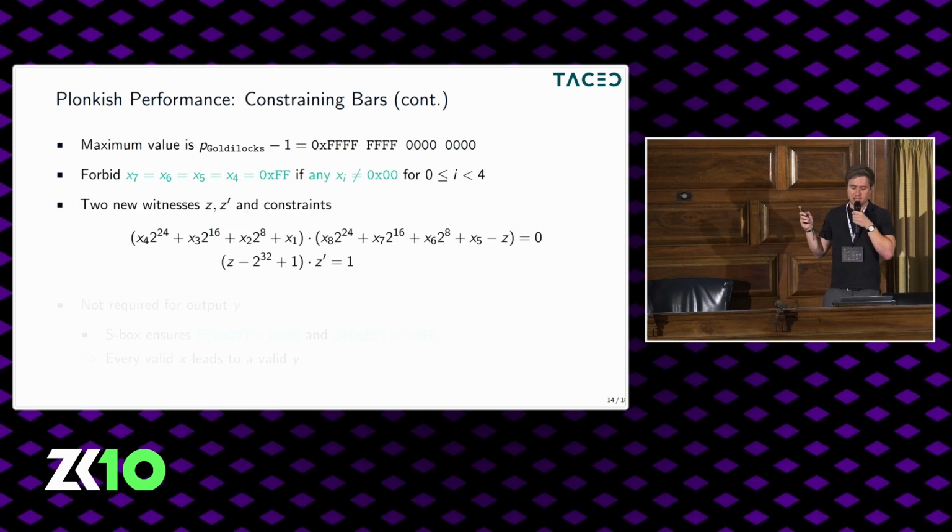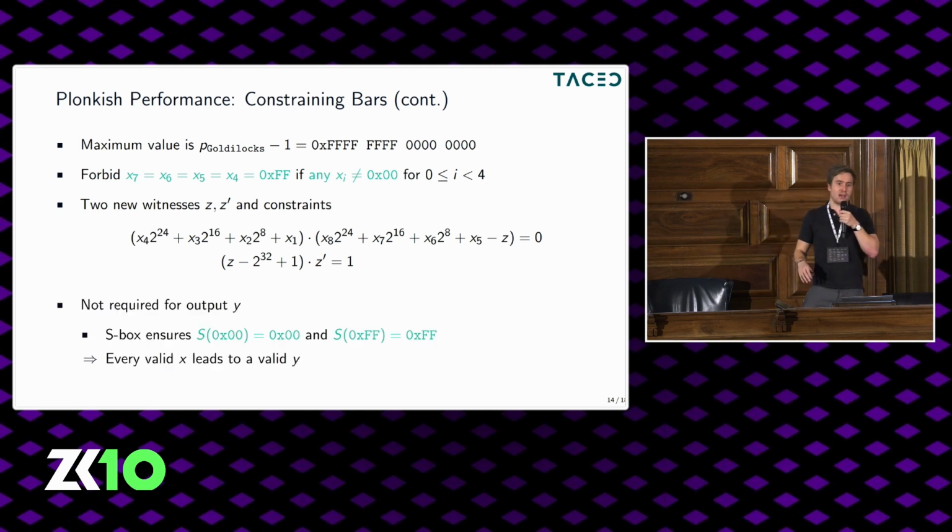In this proof system, we can do this by adding 2 constraints and 2 new witness variables. These constraints enforce that when these are not 0, we cannot have all ones here. And we only have to do this for the input, since the S-box that we have chosen ensures that every valid input always creates a valid output.